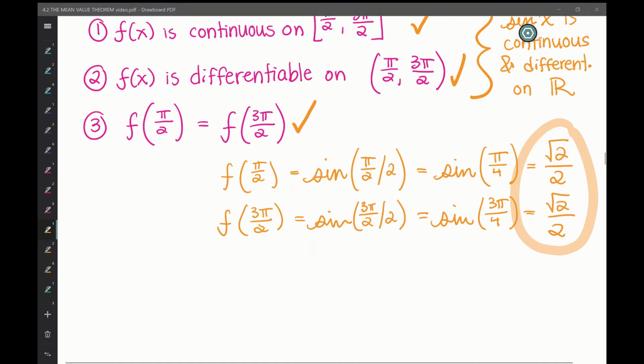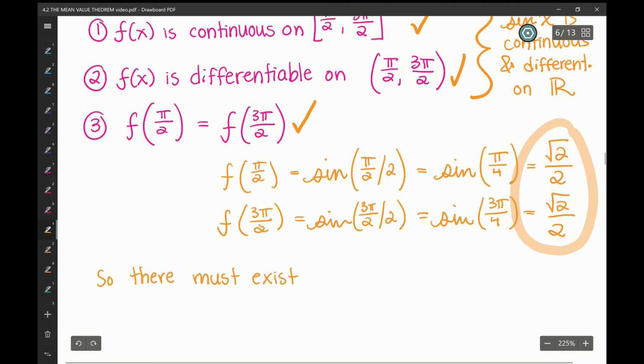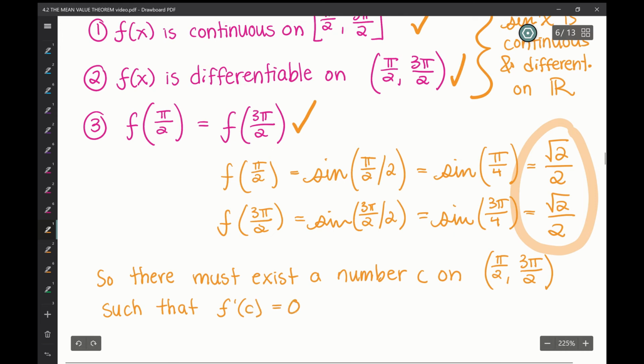So there must exist a number c on the open interval from pi over 2 to 3 pi over 2, such that f prime of c is equal to 0. Now we have to find the values of c that satisfy this conclusion.